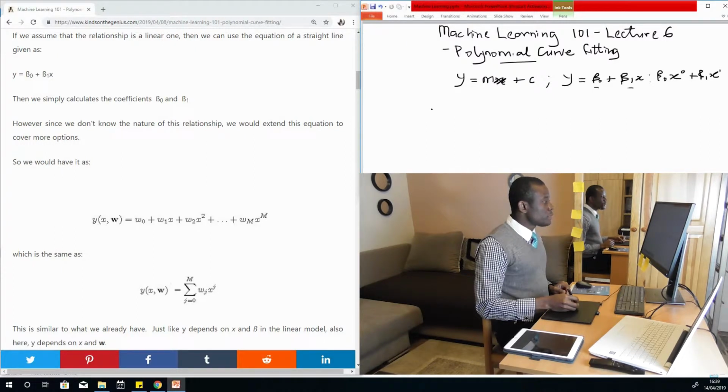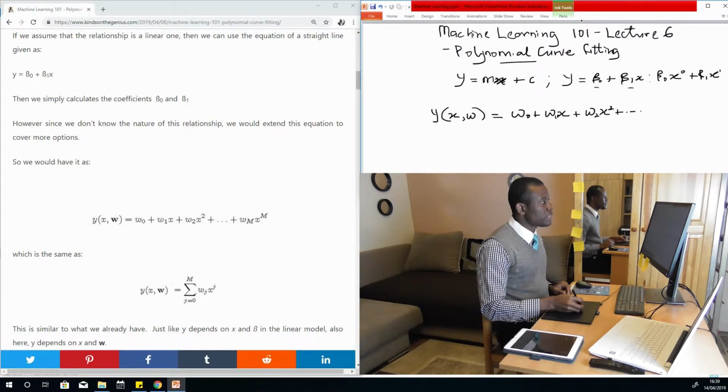So that relationship goes like this: y of x and w equals w0 plus w1x plus w2x squared plus, this is not minus, so let's not make any mistake about it.